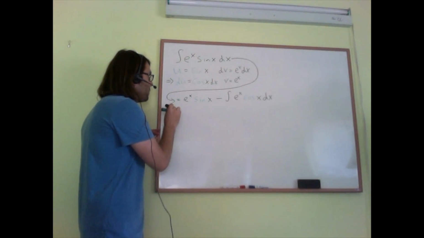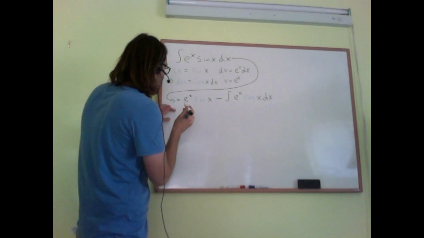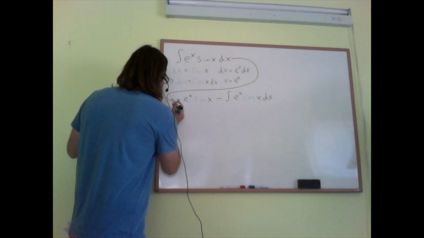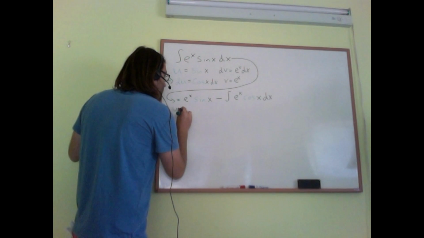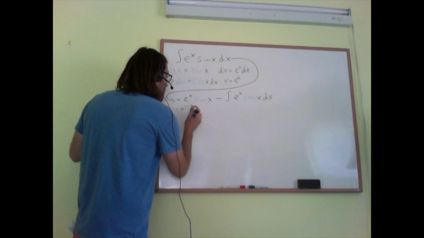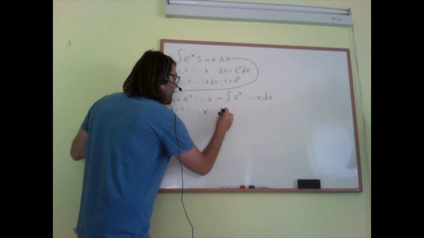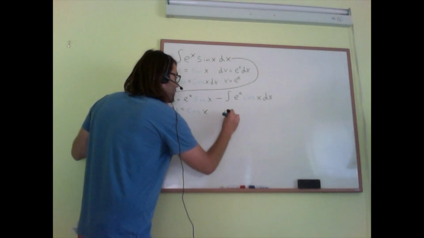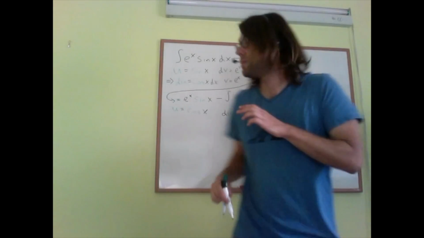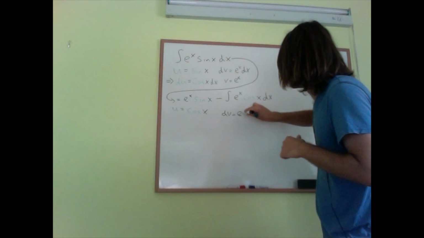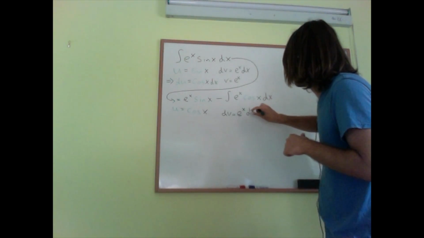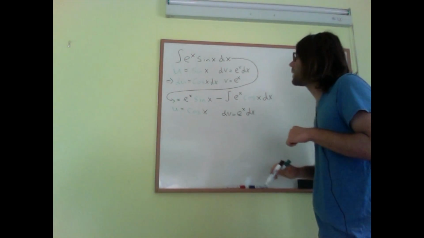So u is going to be cosine of x, and dv is going to equal e to the x dx.